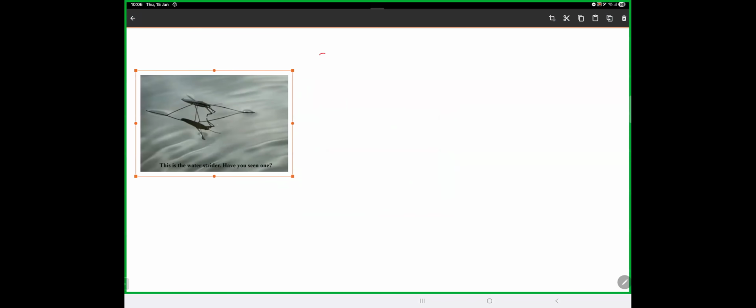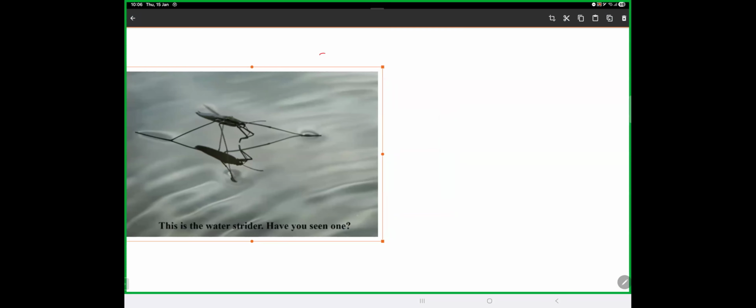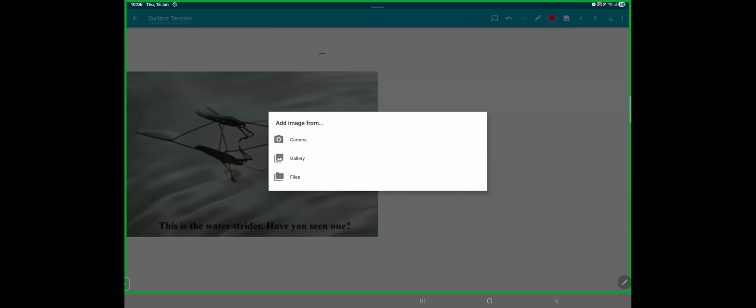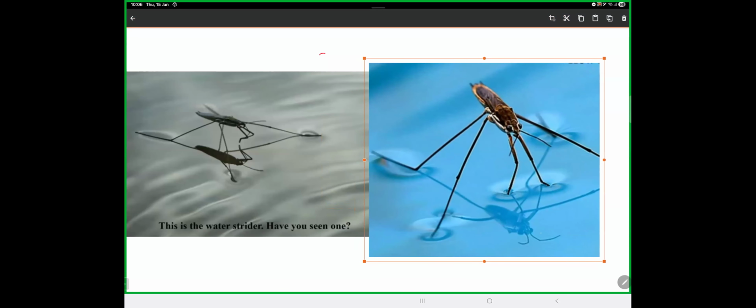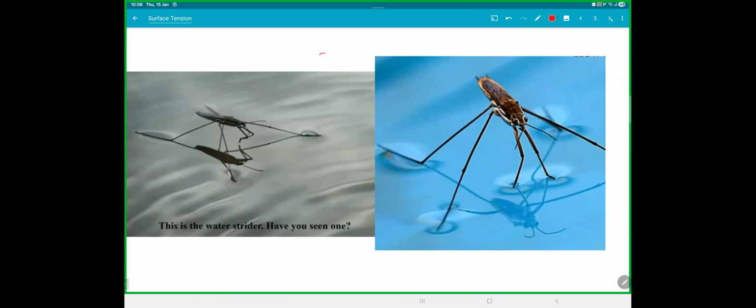Look at this. That's a mosquito sitting on a water surface. Can you see how this water surface is bending here?